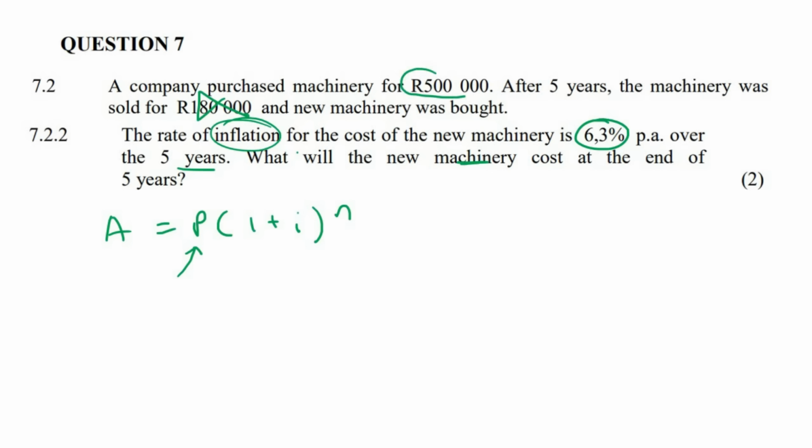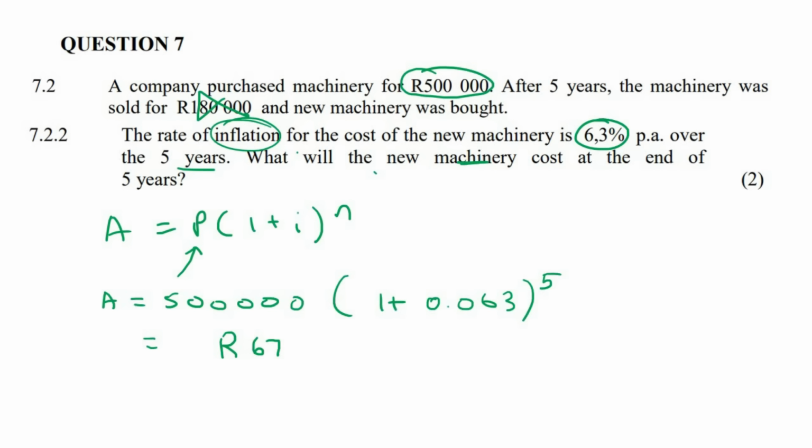We're going to say 500,000, and see what that 500,000 becomes if the interest rate is 6.3%, which is 0.063, over 5 years. If you work that out, you'd end up with 678,635.11.